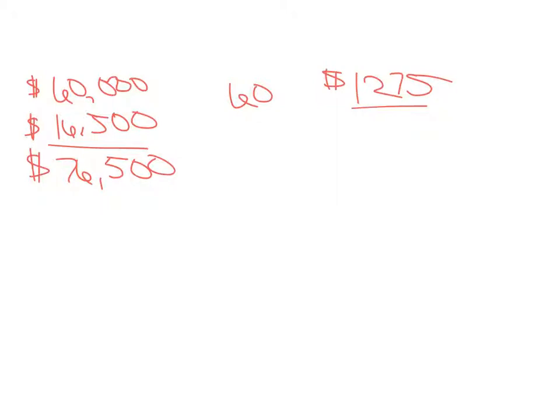The amount of money y is the amount of money remaining to be paid on $76,500, reduced by $1,275 each month. So basically what they're saying is that every time we make a payment of $1,275, we're reducing the amount that we owe by $1,275.